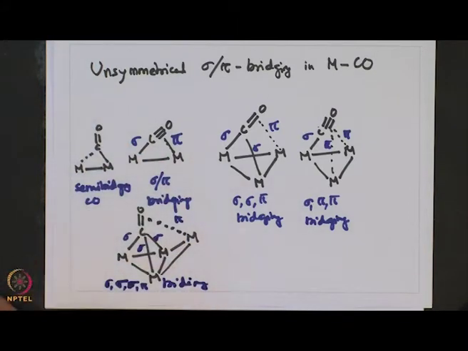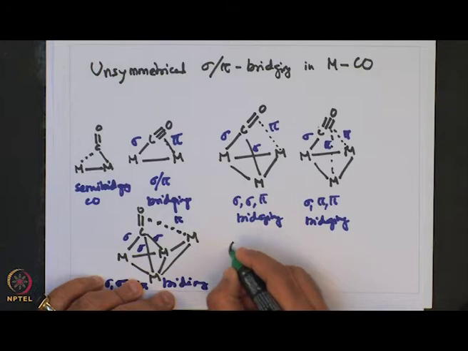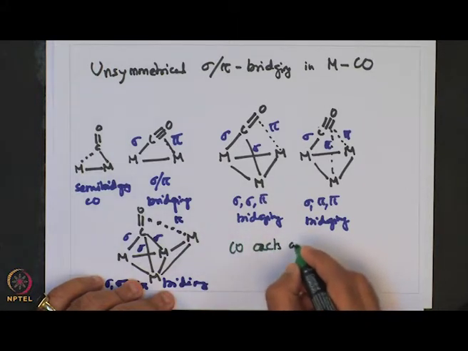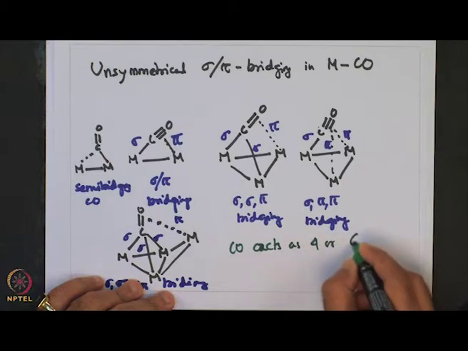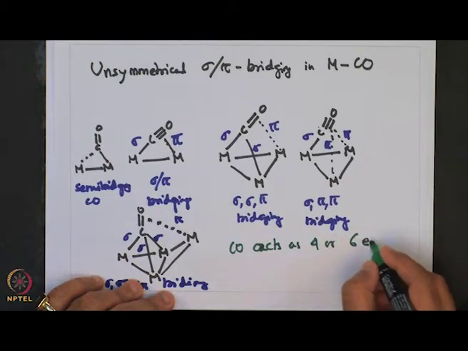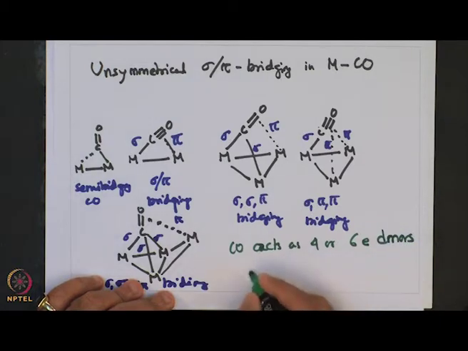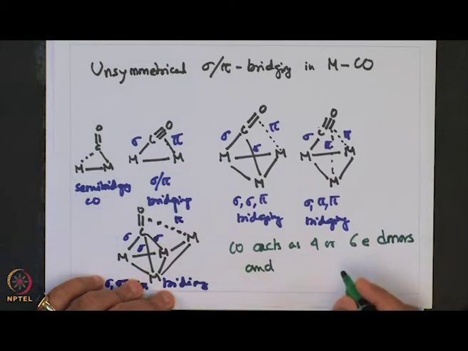Now, as one can see, carbon monoxide can act as 4 or 6 electron donors, and shows side on coordination.